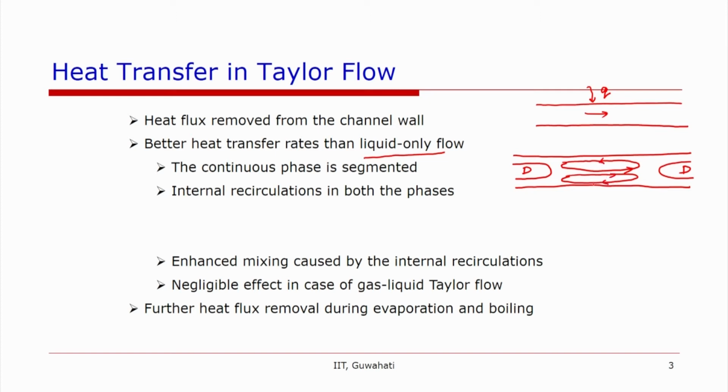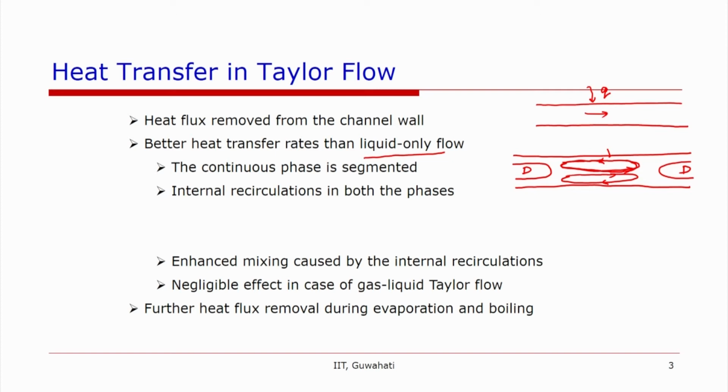So, this internal recirculation causes the hot fluid from the wall to come towards the center and efficient mixing happens. So, it enhances the heat transfer with respect to the liquid only flow, of course subject to the condition that if the dispersed phase is bubble, then the volume of the bubble should be smaller, so that efficient heat transfer is happening.